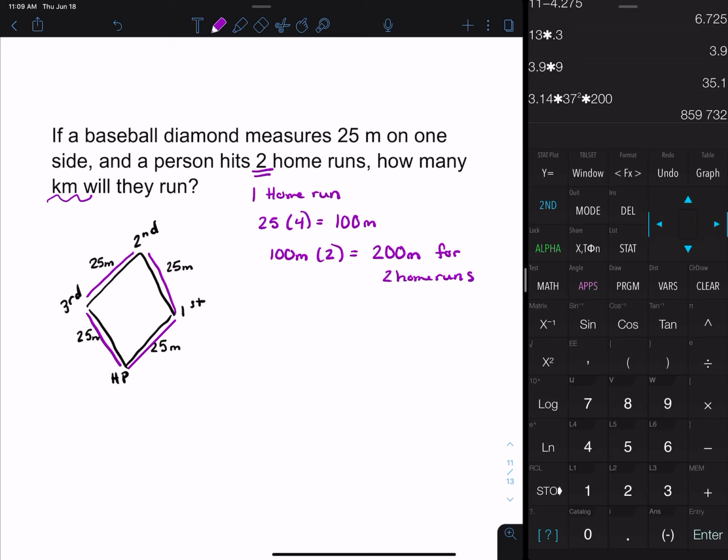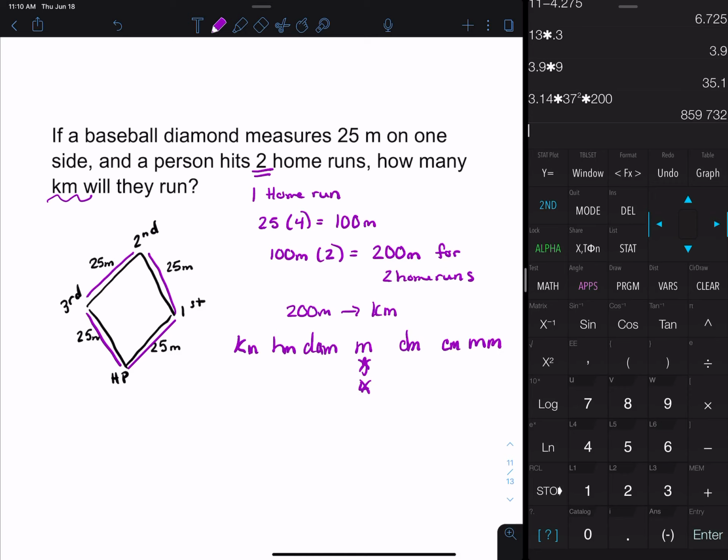So I'm going to take this 200 meters and I'm going to convert it to kilometers. These are both in the metric system, so I'm going to use that decimal bumping in that acronym. So I have King Henry died Monday drinking chocolate milk. It's all meters, so I want an M after everything.